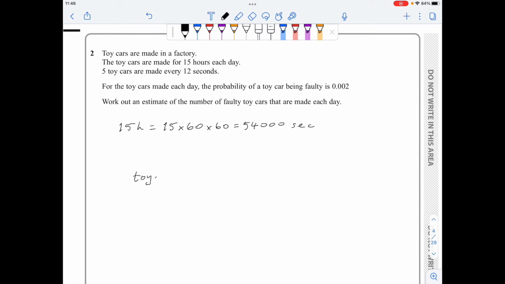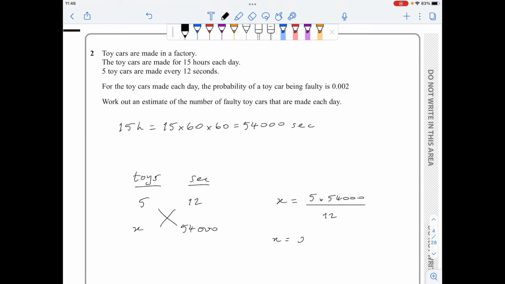I've got toys and I've got seconds. I know 5 toys need 12 seconds, so X toys will need 54,000 seconds. I'll cross multiply, so X is 5 times 54,000 over 12. Let the calculator do the job.